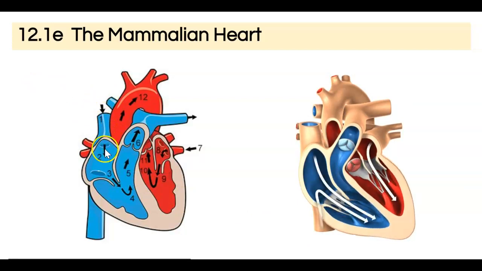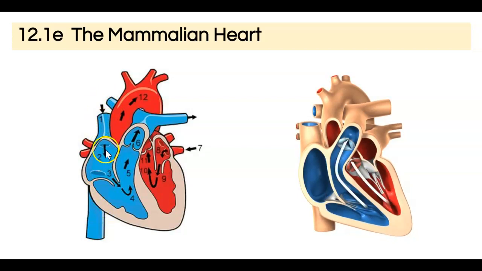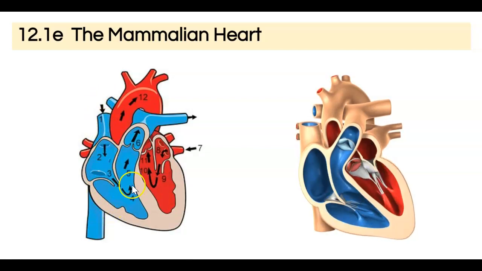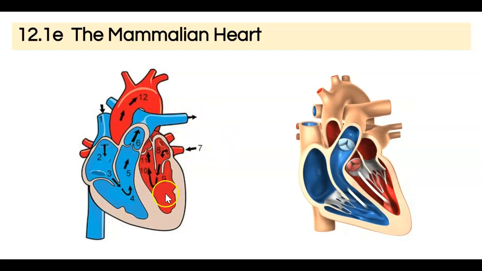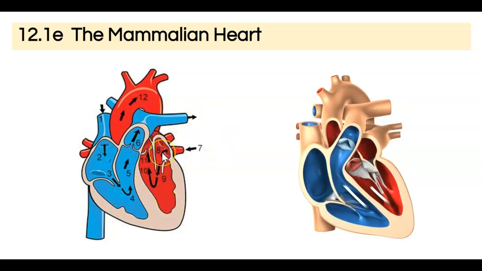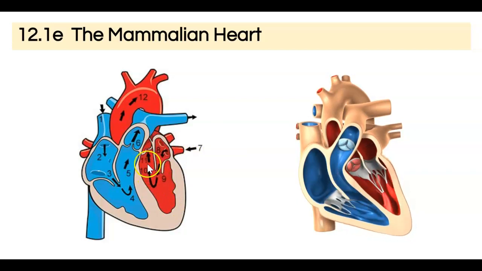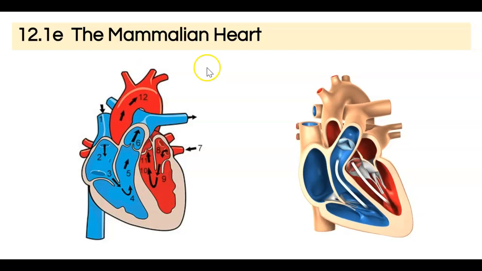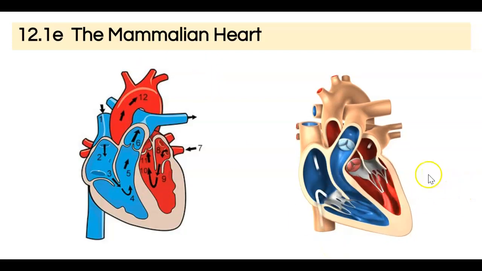So, boom, boom. Superior and inferior vena cava into our right atrium and ventricle, out to the lungs, back from the lungs, in through our left atrium, left ventricle, and then boom, out the aorta to the rest of the body. Now, a couple of things I want to mention here.